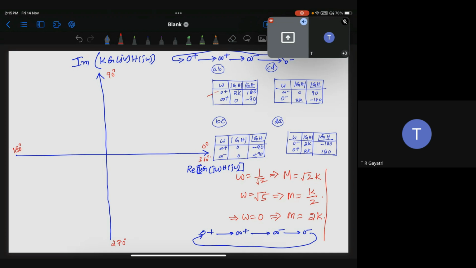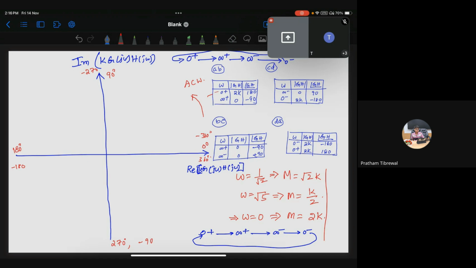Then this is -90, this is -180, this is -270, -360. So always we look for the angles in the anti-clockwise direction. Clockwise they become negative. Is this clear? Any doubt or query?